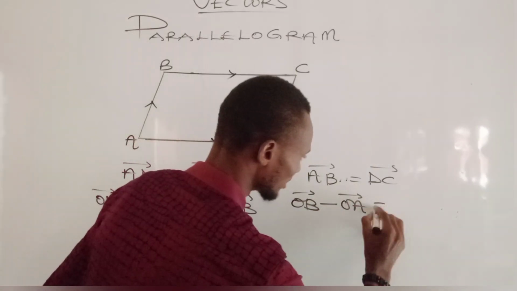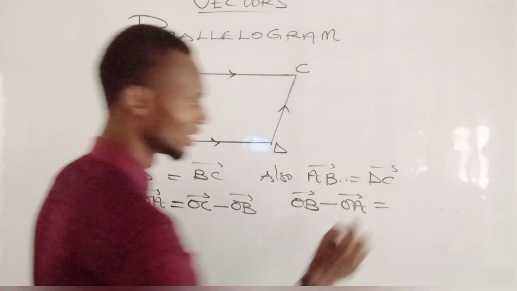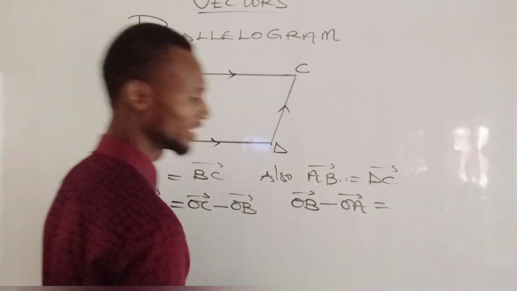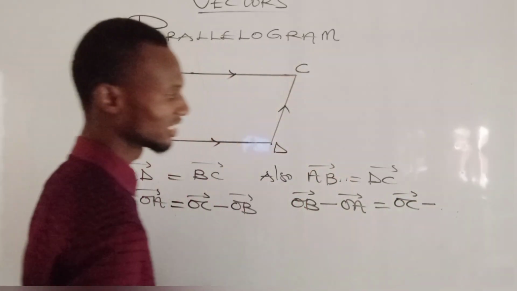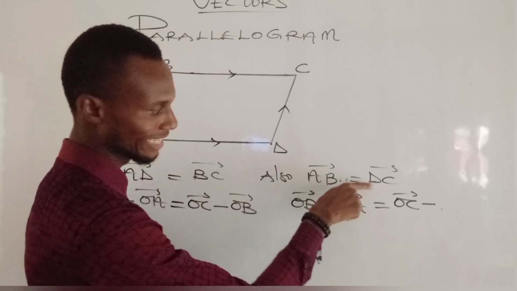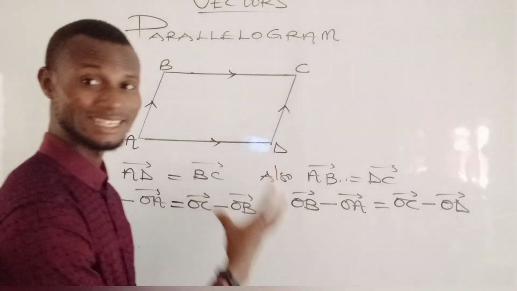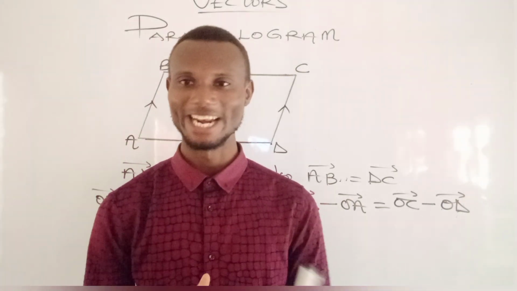Then you bring your equal sign. Then we do the same for the vector DC as well. So it's going to be the position vector of the last letter, OC, minus the position vector of the first letter, OD. So this is the vector law that governs a parallelogram.